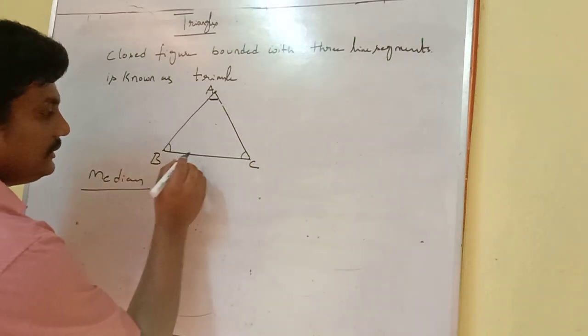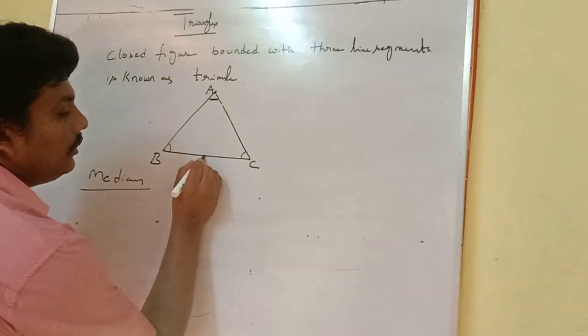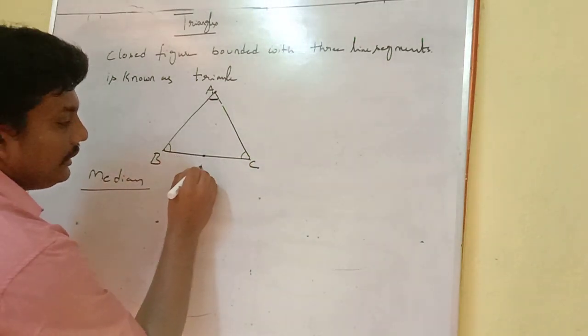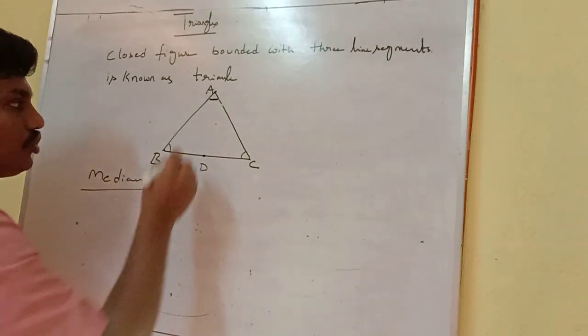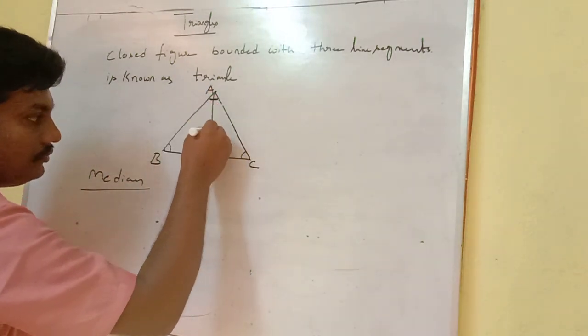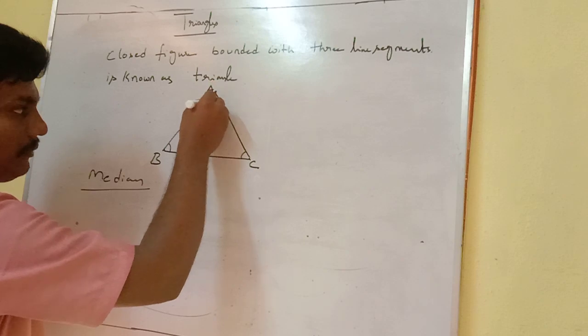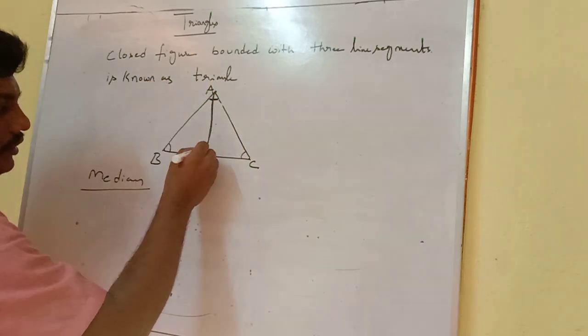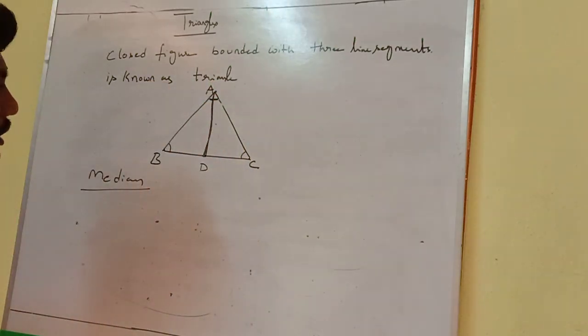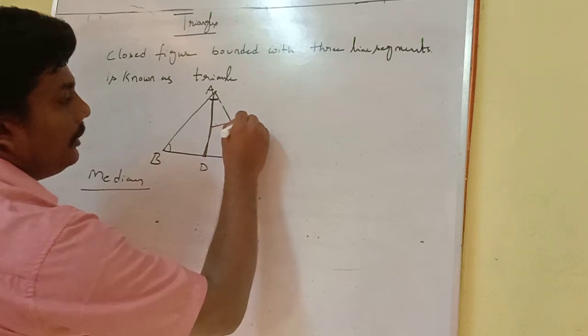Let me take this as BC. The midpoint of BC is D. If you join A to D, that line segment A to D is called a median.